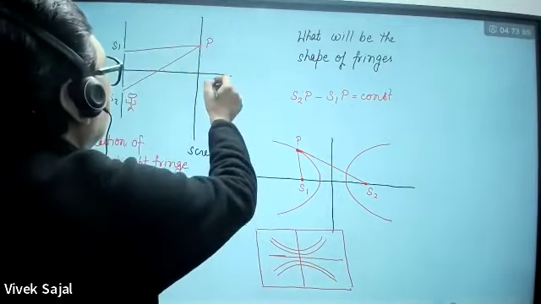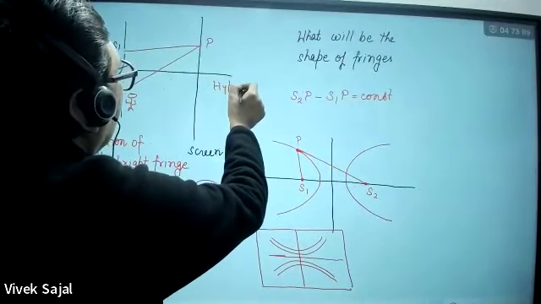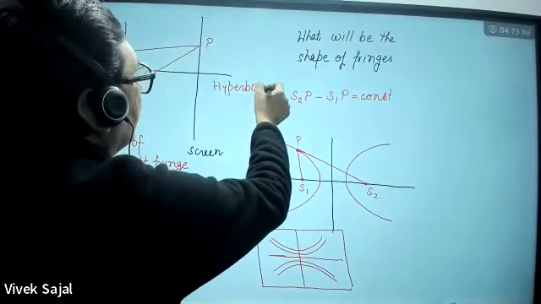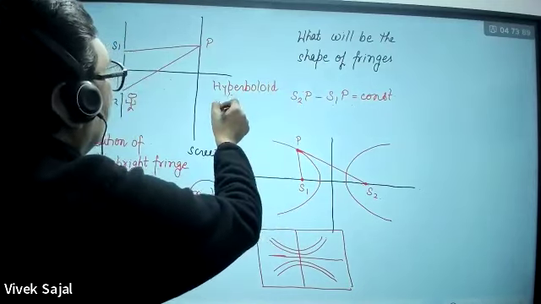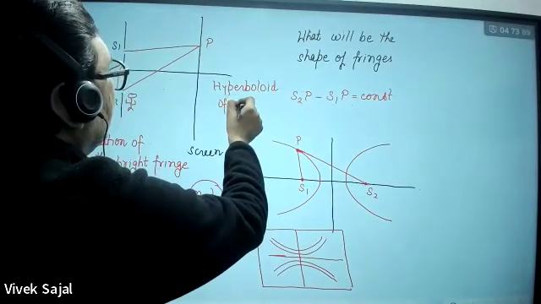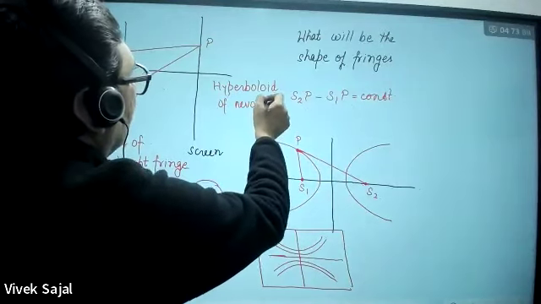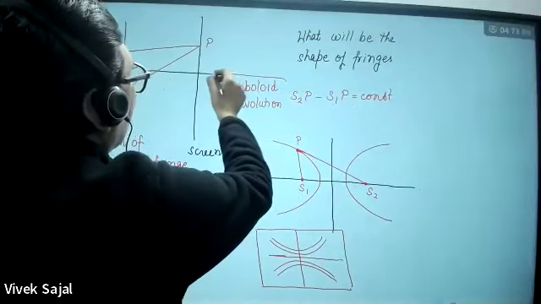So what will be the shape of the fringes? A hyperboloid, a 3D structure. In 2D it will be a hyperbola; in 3D, a hyperboloid of revolution.